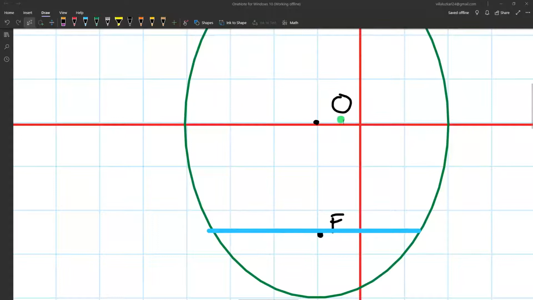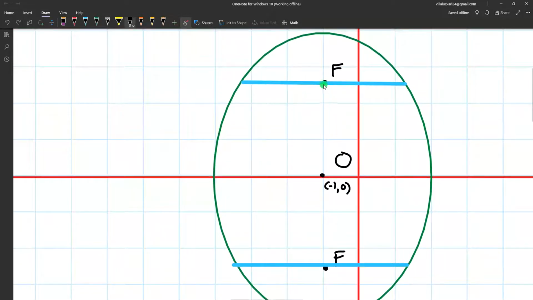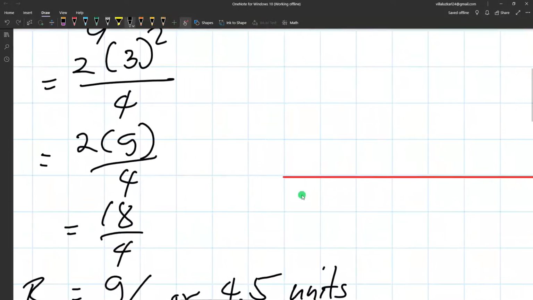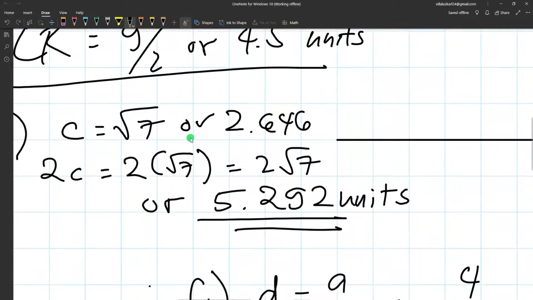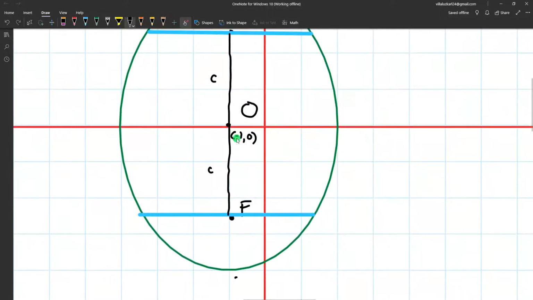If this is your origin, (-1, 0) is this point. To locate the foci, this is the distance that you will measure for the distance c that we already determined, which is equivalent to the square root of 7 or 2.646. So c is equal to 2.646 units.